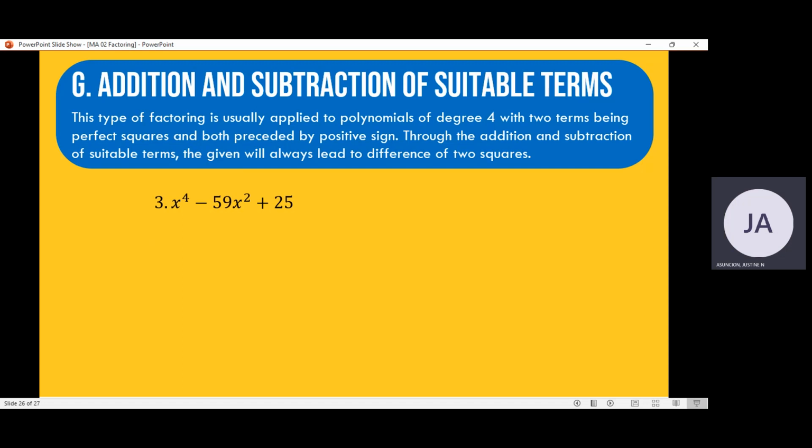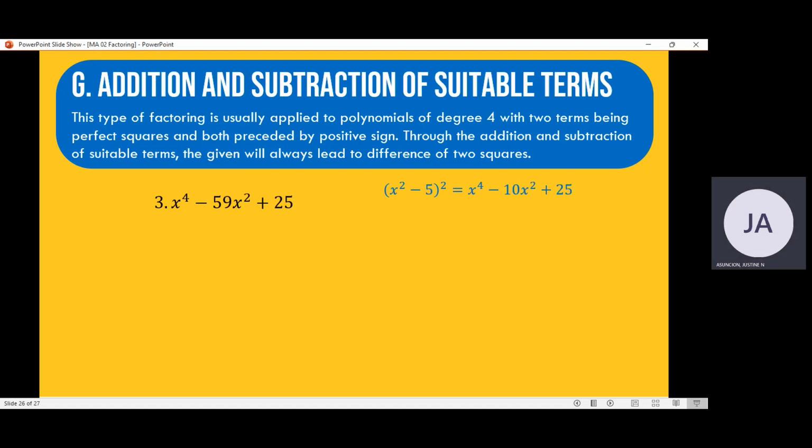So let's say we have quantity x squared minus 5 squared, which is equal to x raised to 4 minus 10x squared plus 25. So all we need to have for the second term is negative 10x squared. But we have negative 59x squared, right?